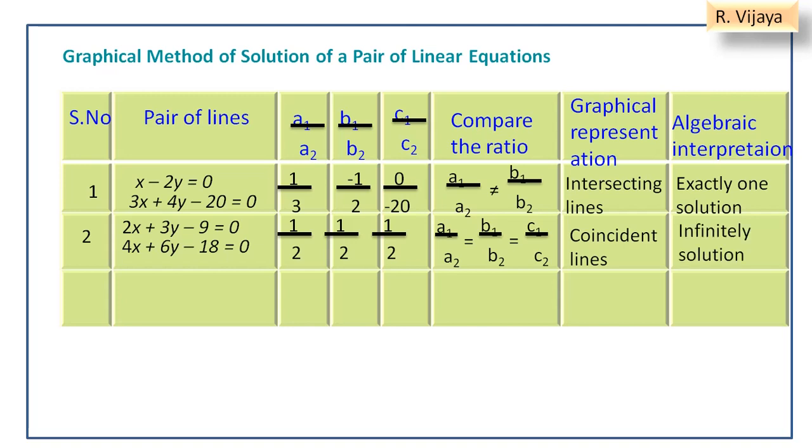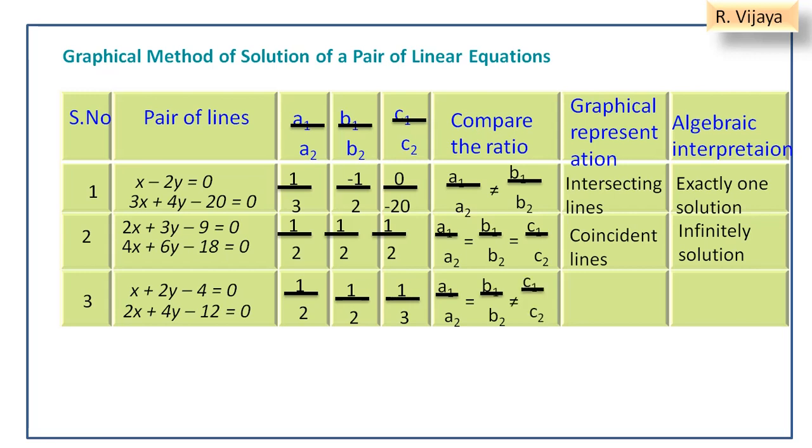Next we see another pair of linear equations. Now we get the values of a1 by a2, b1 by b2 and c1 by c2. Here a1 by a2 is equal to b1 by b2 is not equal to c1 by c2. So the graphical representation should be parallel lines.